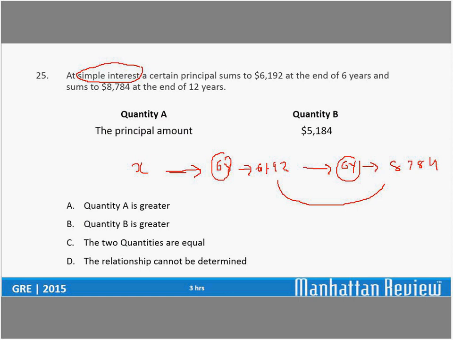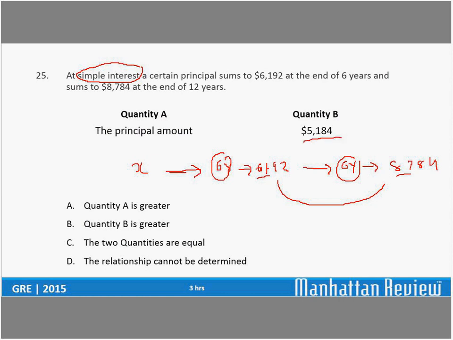Roughly it would be more than 2,500. If you remove 2,500 from 6,000, it will go below 4,000, and this principal is around 5,000.